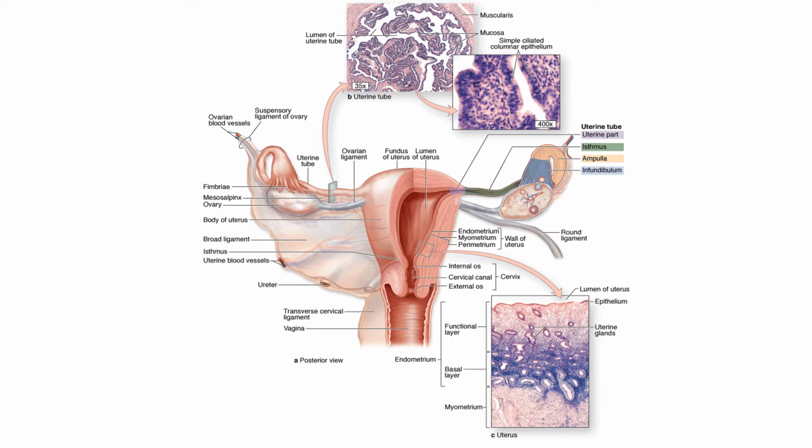So this uterine tube harbors the secondary oocyte as well as the fertilized ovum or the embryo up to their transportation into the uterine cavity. So their histology is accordingly modified.